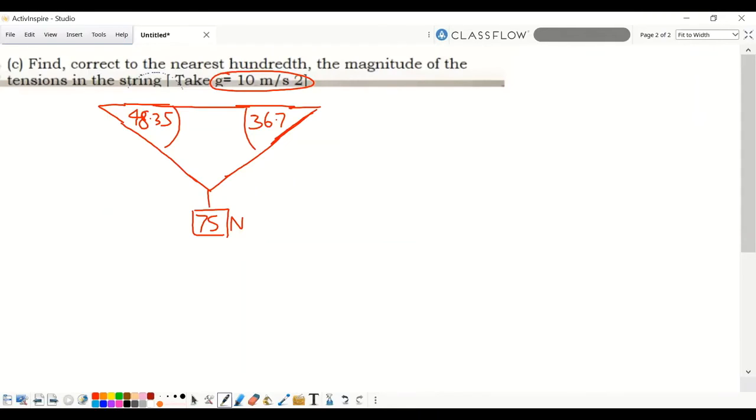Alright. So now, since this system is in equilibrium, nothing is moving, and there are three forces. Let's call this tension 2, let's call this tension 1, and we have 75 Newton.